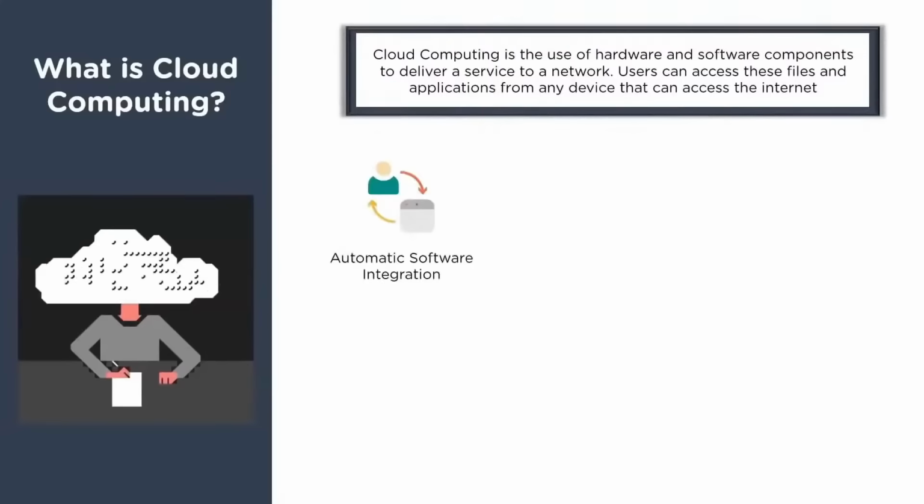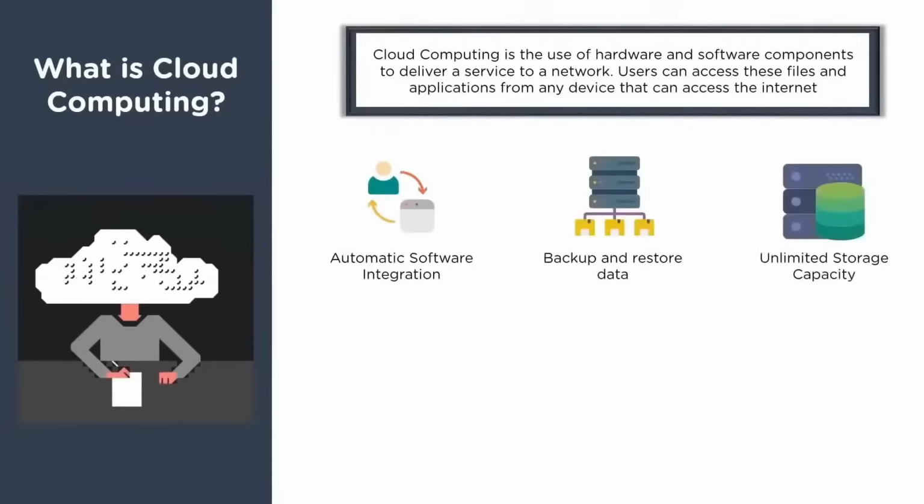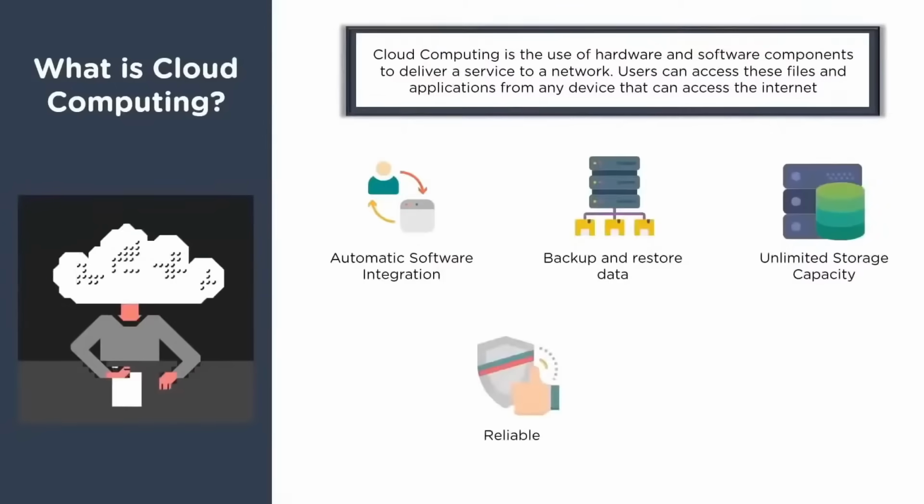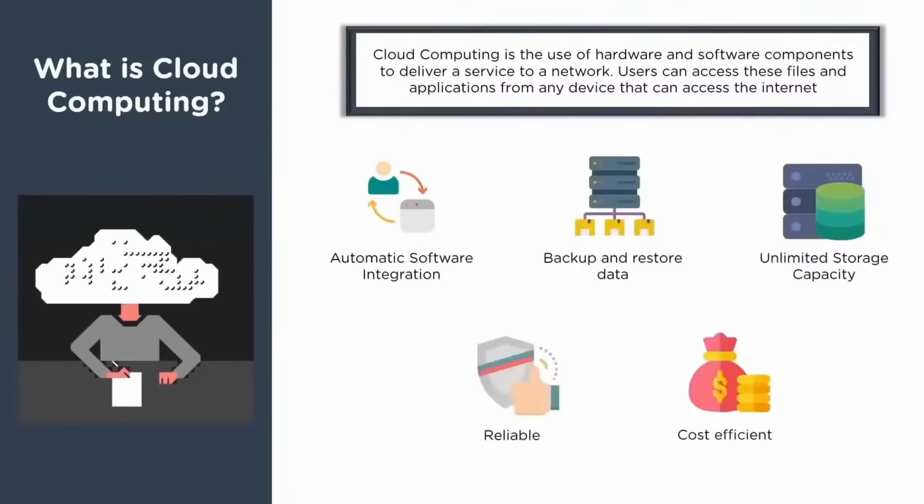Now that allows us automatic software integration, backup and restoring of data, unlimited storage capacity, reliable use of different services, and a cost-efficient solution. Now, we know that for cloud computing there are different service models.